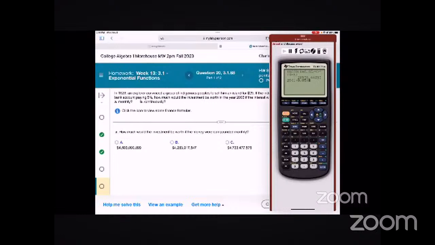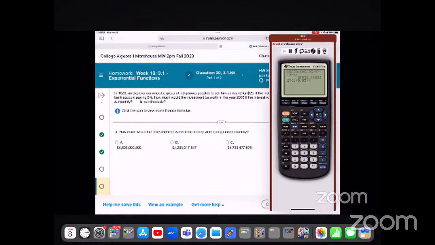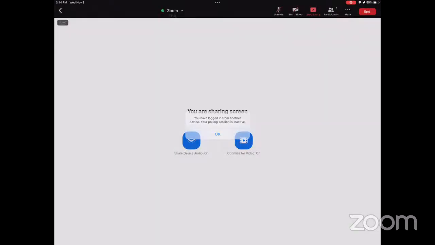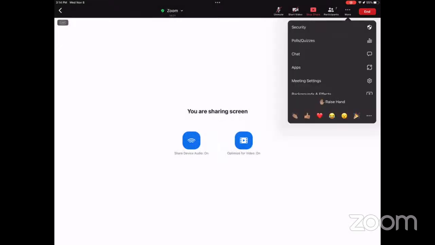Divided by, if it's compounded monthly, then that means our N is 12, hat to the power of N, which is 12 times the number of years.